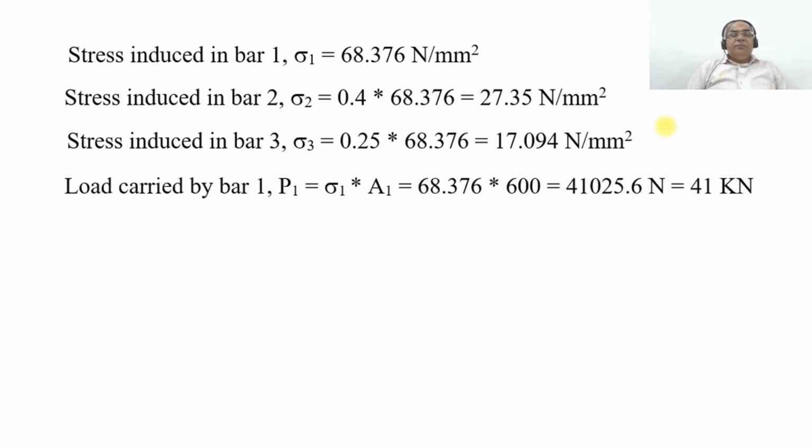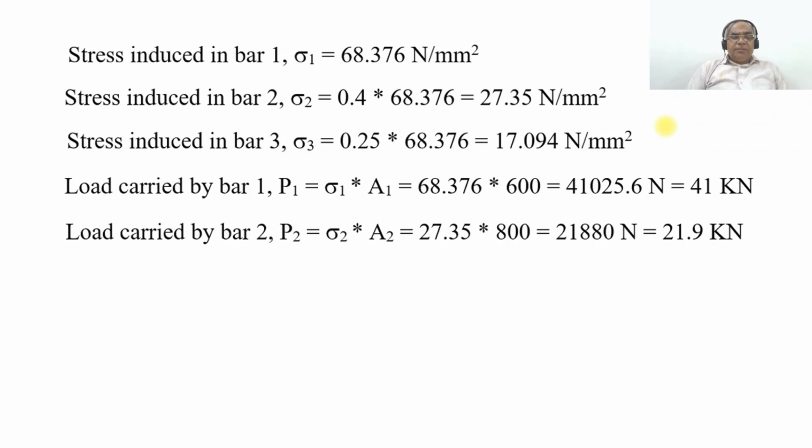So what is the load carried by bar 1? The load carried by bar 1, which is P1, will be equal to sigma 1 into A1. There you substitute the value of sigma 1 as 68.376 into A1, which is 600. So on simplification, you are going to get it as 41,025.6 Newton, which is equal to 41 kilonewton.